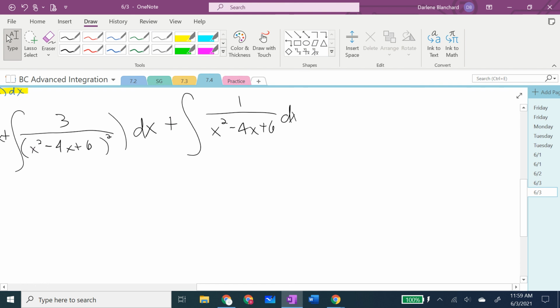Oh dear, I don't have a sum or difference of squares. What am I going to do? We're going to complete the square. Yeah. So let's do it. Do you remember how to go about completing the square? I'm going to give you a moment to try it.